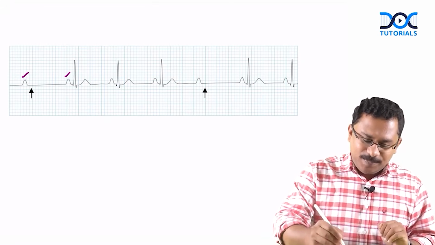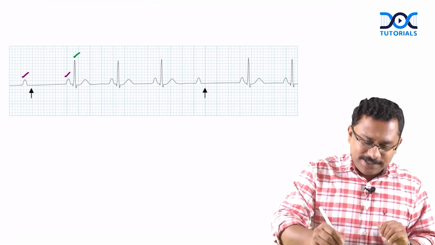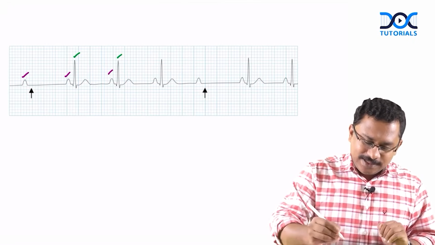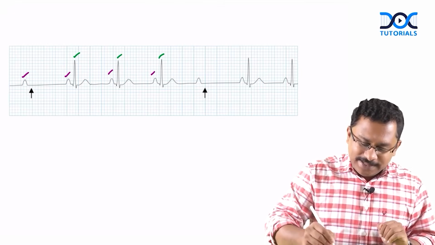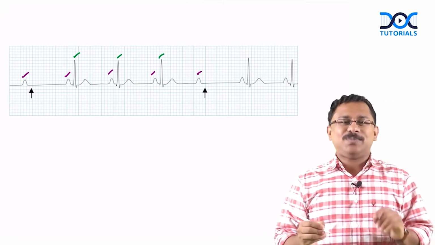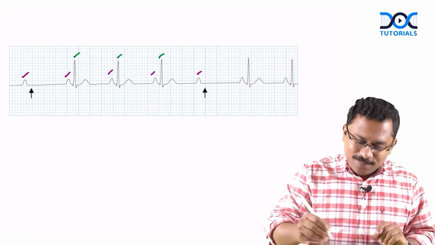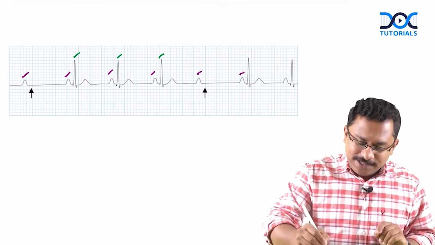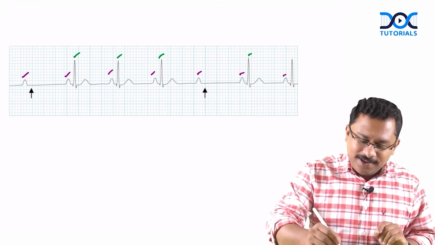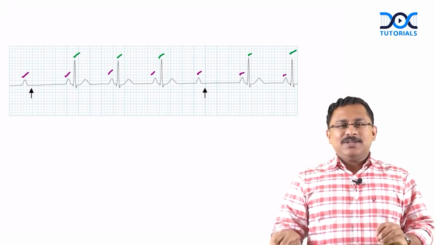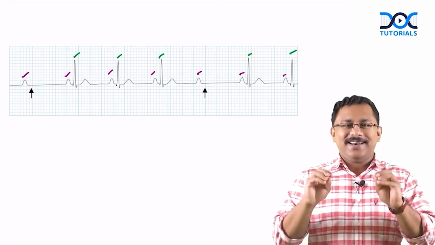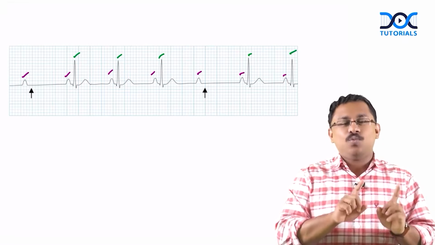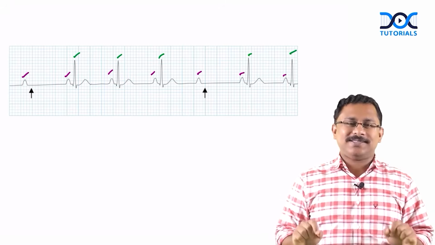After some time there is a P wave, a QRS complex, then again a P wave, a QRS complex, then again a P wave, QRS complex, then the next P wave, there is no subsequent QRS complex. But again comes a P wave, QRS, P wave and QRS. So what you are able to see here is that at two places in this particular ECG strip, the P wave was not followed by a QRS.